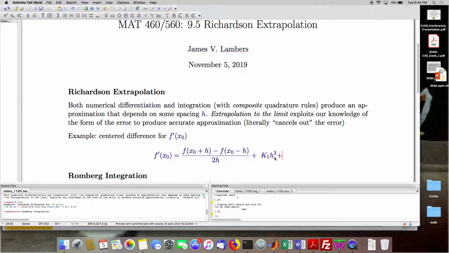The next thing that doesn't cancel has some unknown constant times h squared. Because you're subtracting the expansions, any terms that have an even power of h in the Taylor expansion are going to cancel.